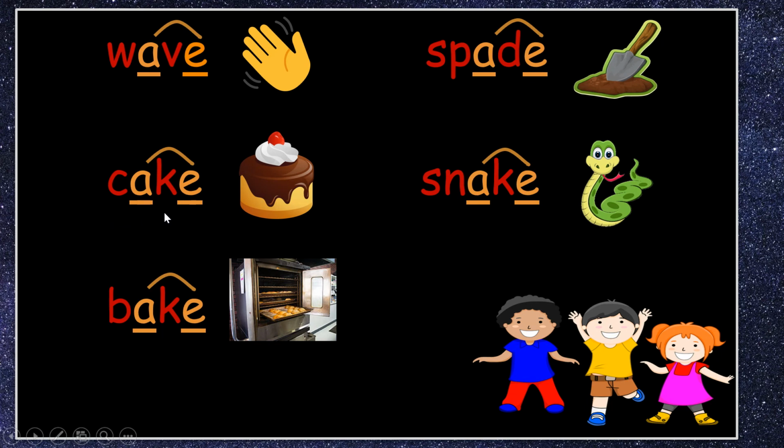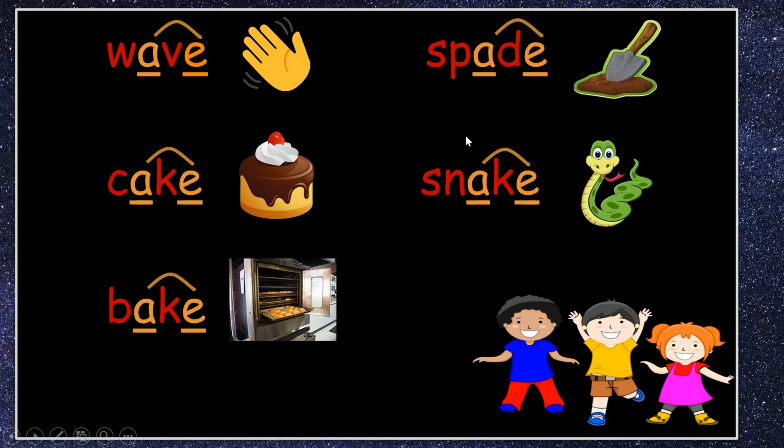Now the next word here is cake. Good. Cake. Well done. Now the third word here is bake. Bake. Bake. Good job.